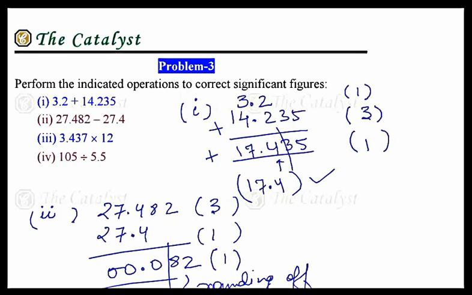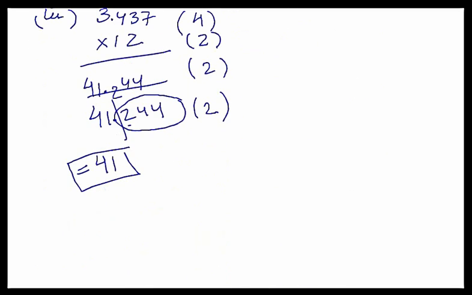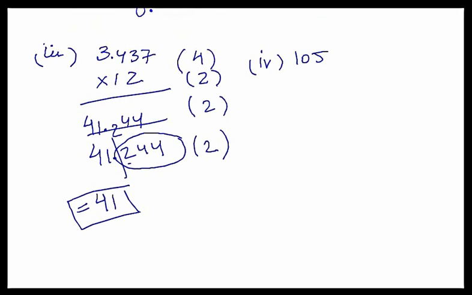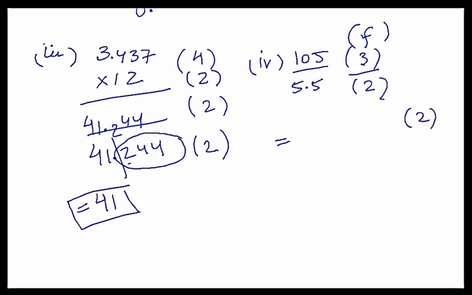Now in this problem, 105 is divided by 5.5. Number of significant figures here is 3 and here it is 2. So in the answer also the number of significant figures should be 2. Right, this is significant figures.